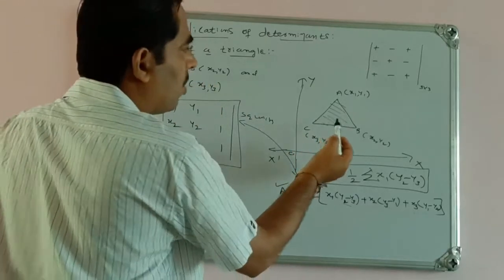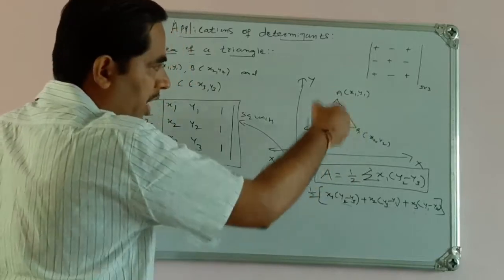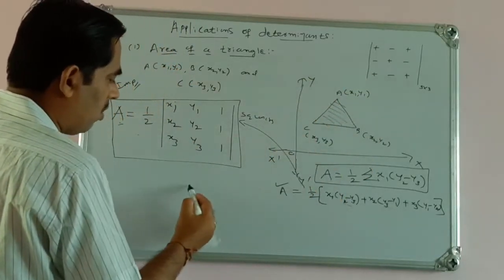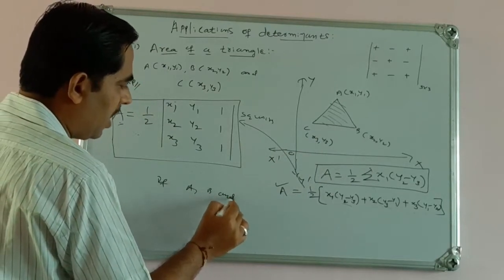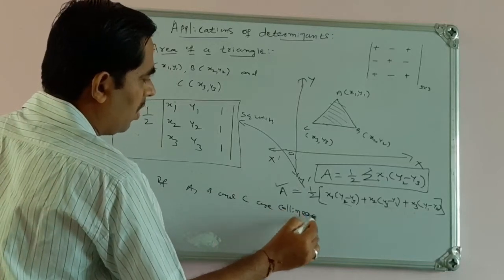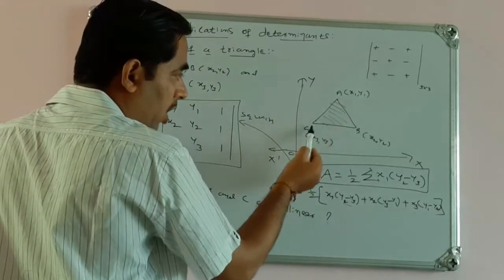Observe this: we have three vertices A, B, C. If the points A, B and C are collinear, what happens? Here they are non-collinear points.